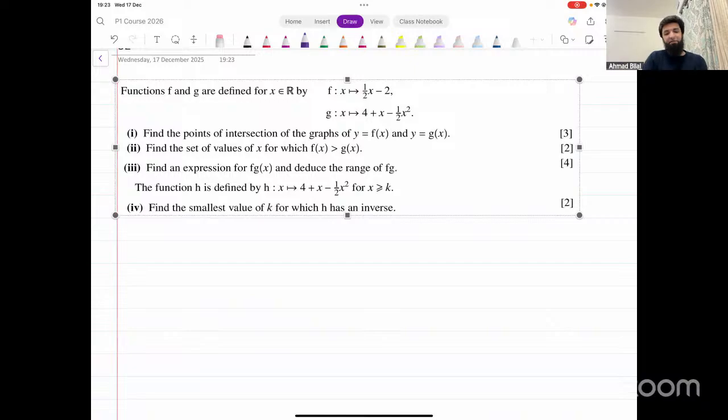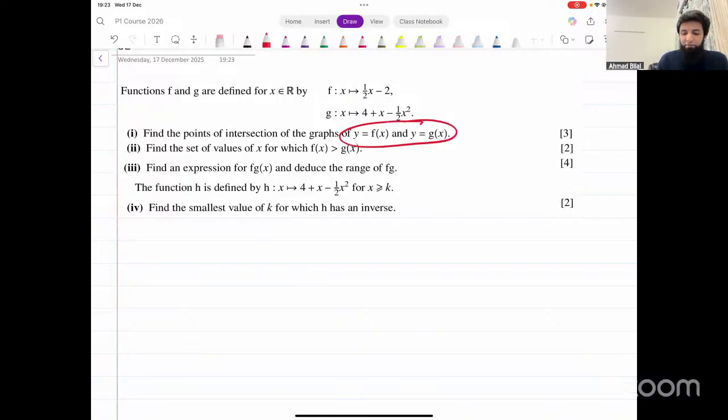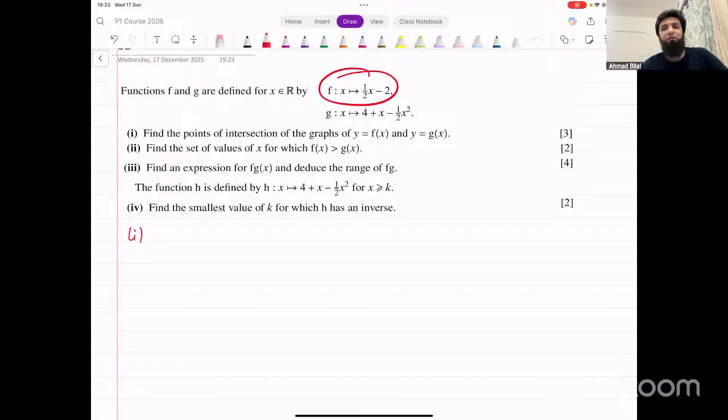All right, functions f and g, they are defined like this. Find the points of intersection of the graphs of y equals f of x and y equals g of x. Okay, first of all, this is another way to write functions. They don't use this in recent papers anymore, but in older papers, they sometimes use this notation for functions as well.